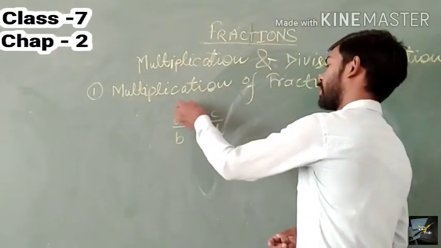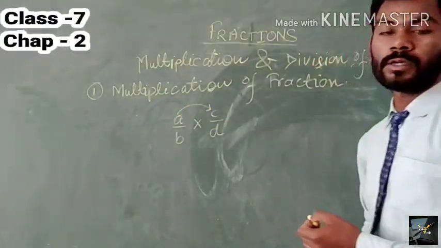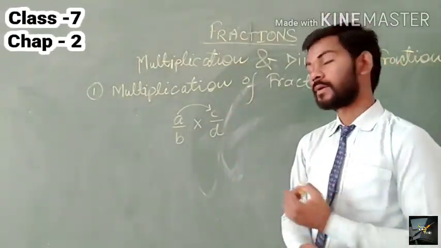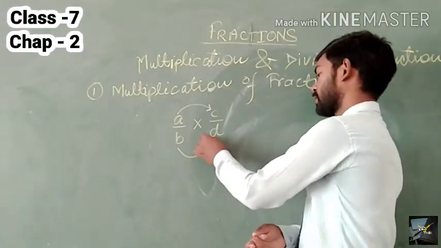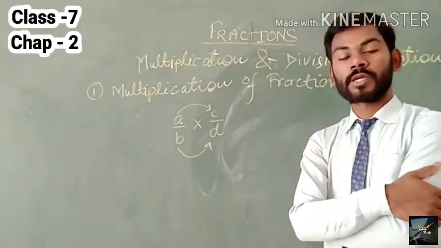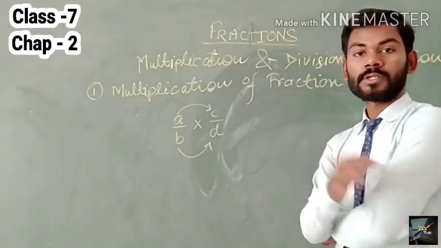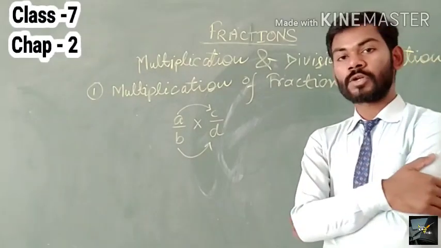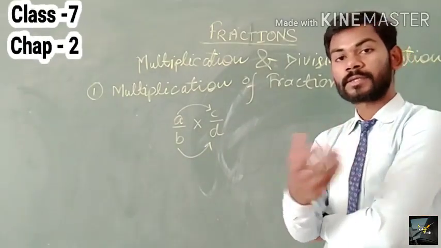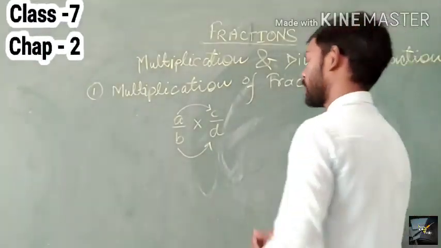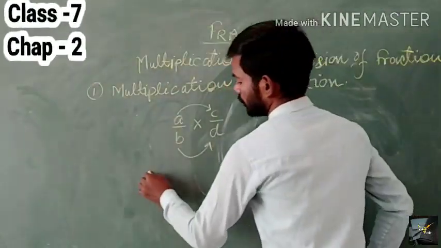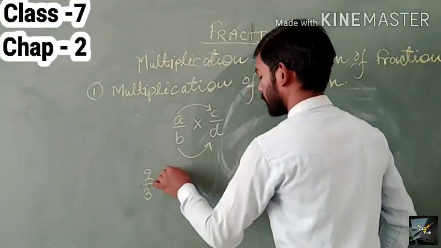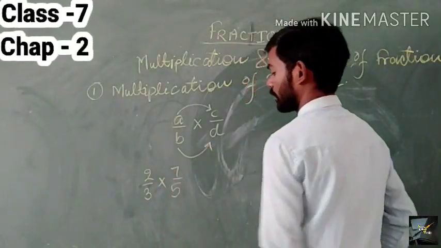then the numerator of first fraction is multiplied with the numerator of second fraction, and the denominator of first fraction is multiplied with the denominator of the other fraction. This is the simple rule of multiplication of fraction. Okay. Now let us take an example. 2 upon 3 is multiplied by 7 upon 5.